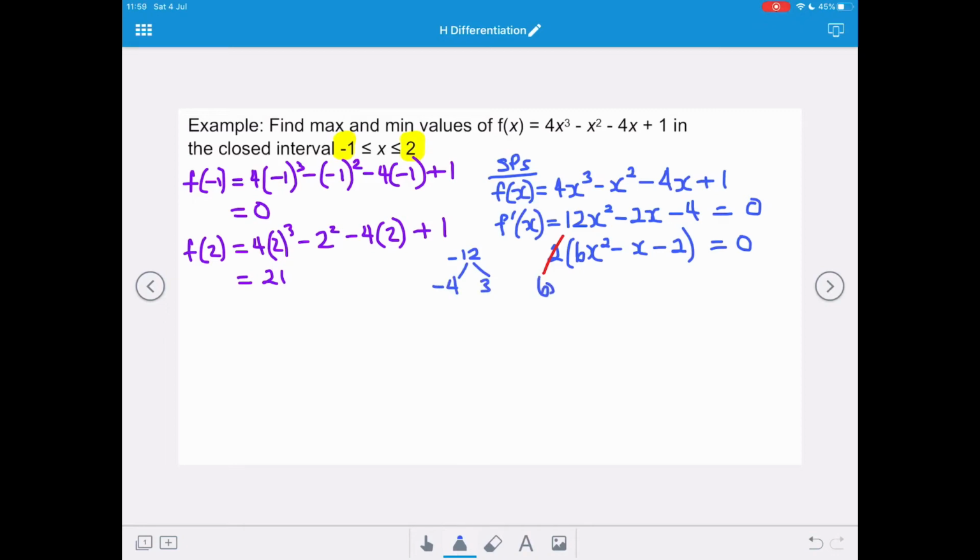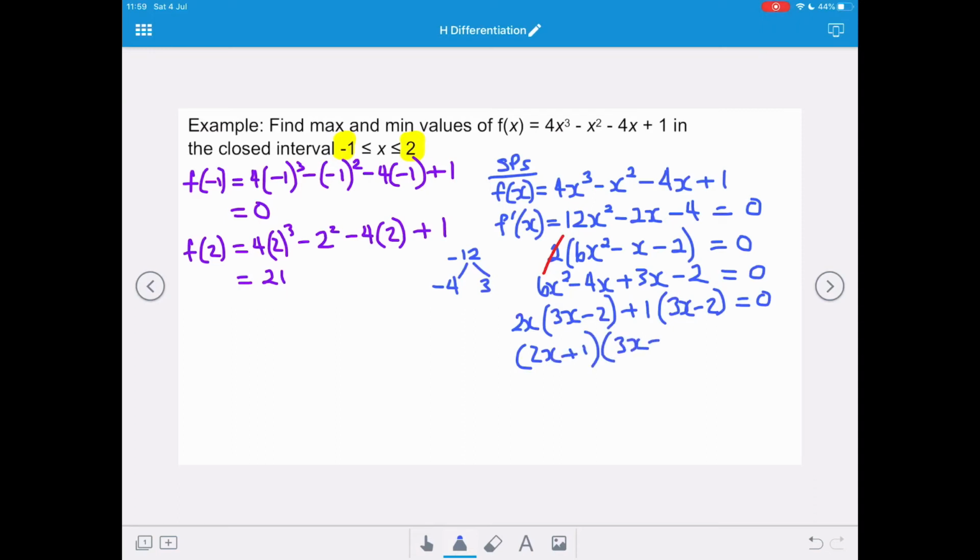We can substitute them back in, so we've got 6x squared minus 4x plus 3x minus 2 equals 0. We're going to factorize the first two parts of that expression with a factor of 2x, and the last two with a factor of 1, to have that duplicate bracket of 3x minus 2. So our brackets are 2x plus 1 and 3x minus 2 equals 0.